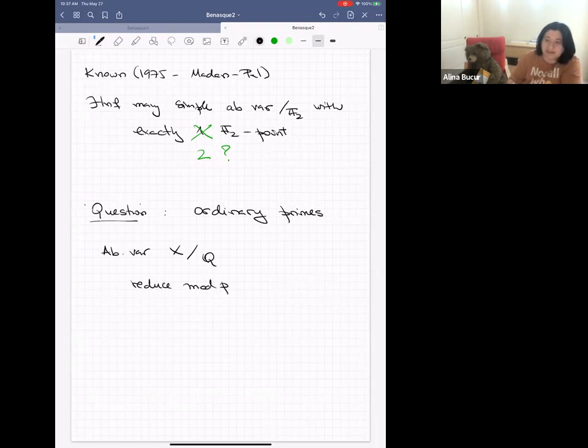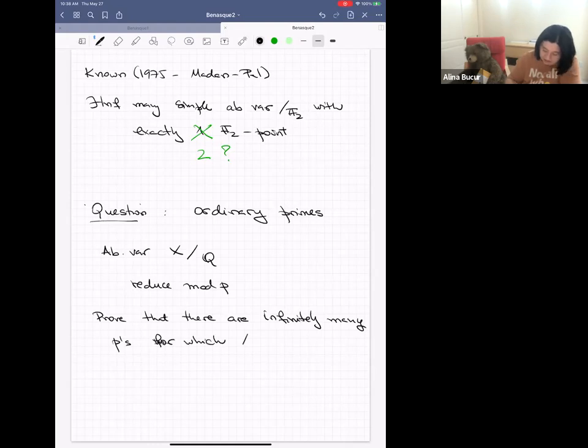The question is, prove that there are infinitely many p's for which this reduction, I'm going to abuse notation, is ordinary.